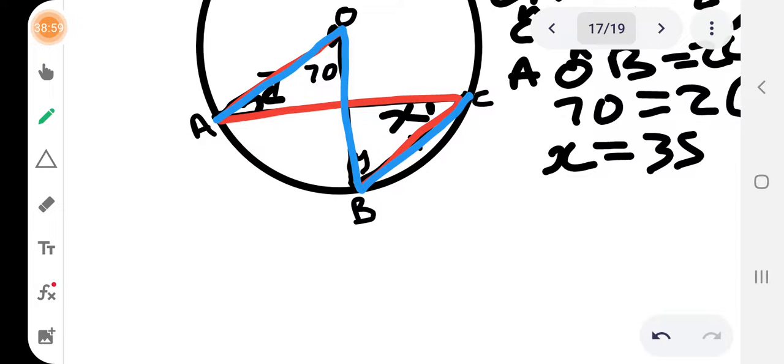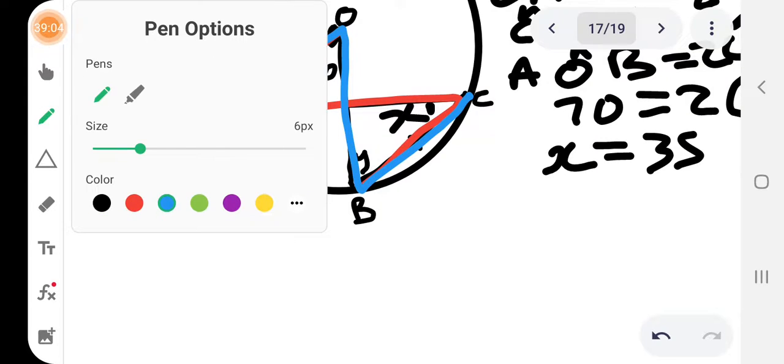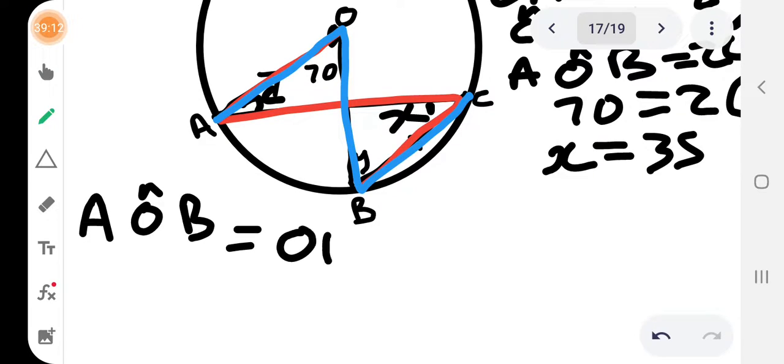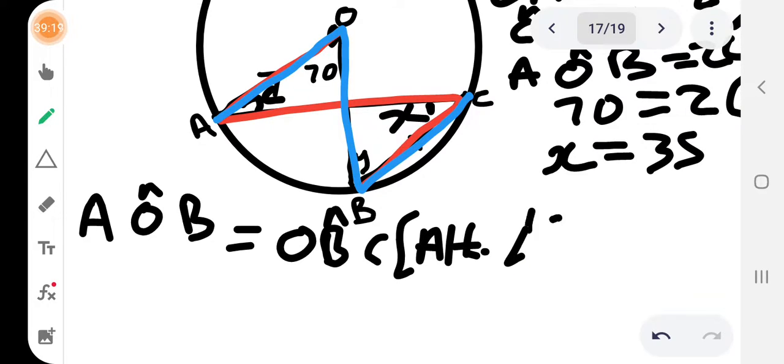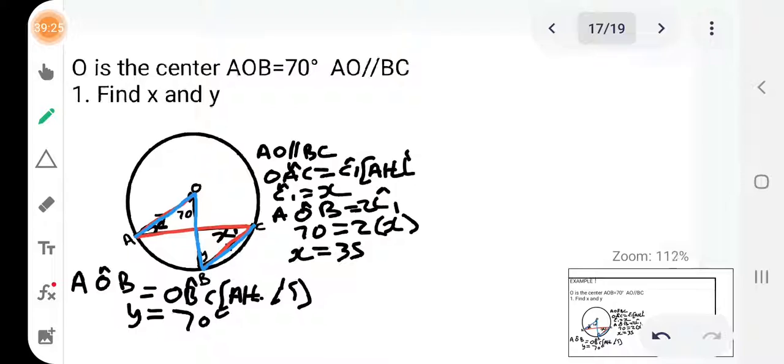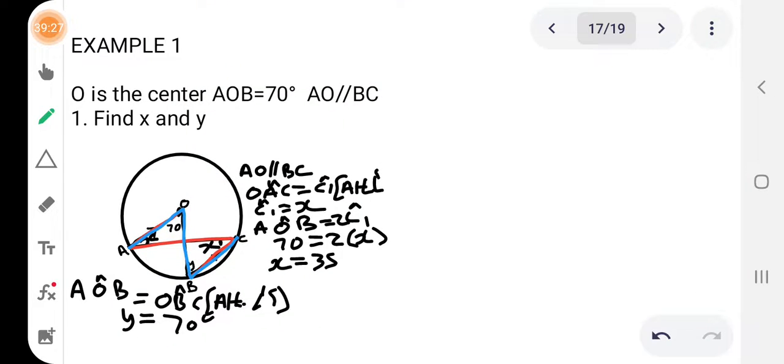Therefore, angle OBC is equal to angle AOB. Your reason is going to be alternate angles. Therefore y is equal to 70 degrees. That will be your answer for this example.